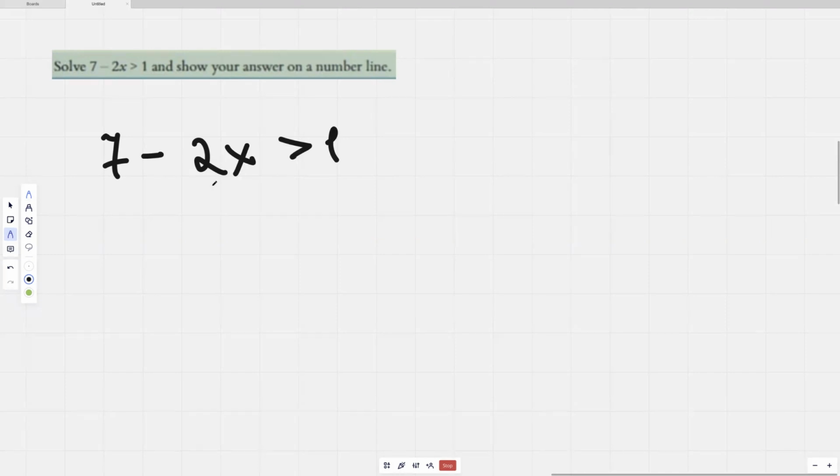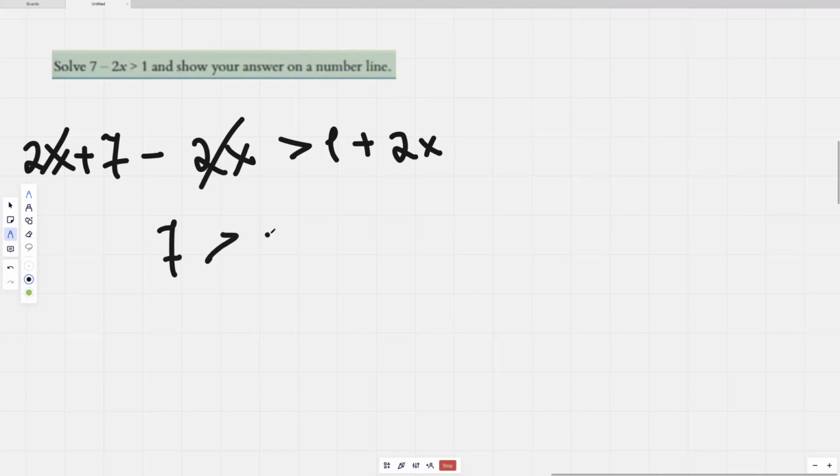So let's add 2x to both sides, and actually adding the same thing to both sides will not change anything. So 2x plus 7 and plus 2x. The 2x will cancel each other because it gives 0. So 7 is more than 1 plus 2x.